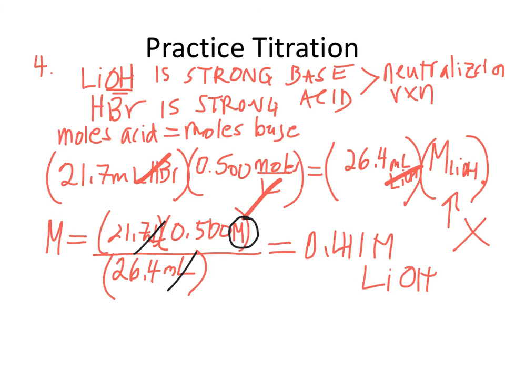So the answer for this problem is 0.411 molar lithium hydroxide. And that pretty much wraps it up. Normally we would be doing all of this as a lab, but take a look at the video, practice some problems, and you should be good to go.